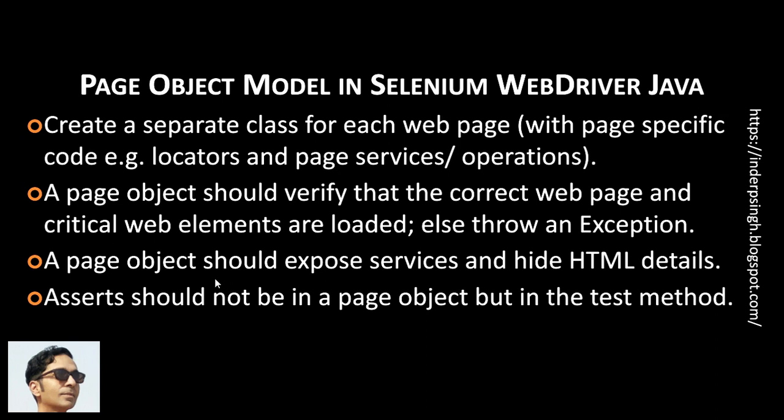Then a guideline is that a page object should expose only the services and hide all the HTML locators and layout details, etc. And assert should not be in the page object but in the test method.